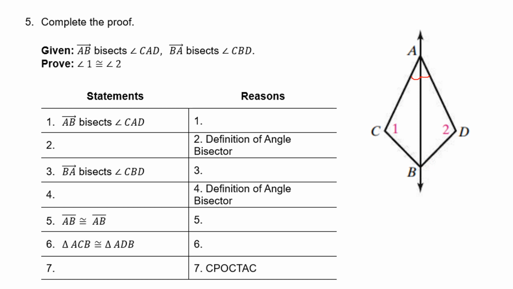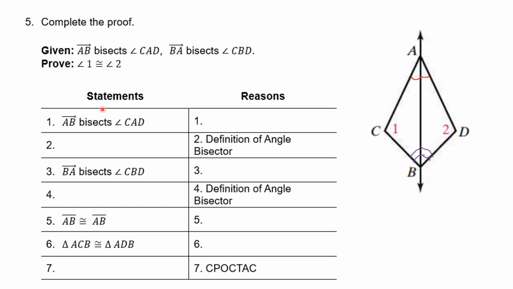So let me see if I can mark those as congruent. Okay, those are congruent as well. Now we're supposed to prove that angle 1 is congruent to angle 2.